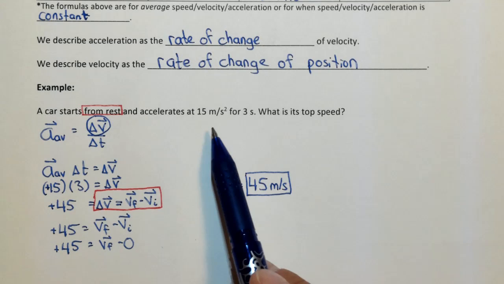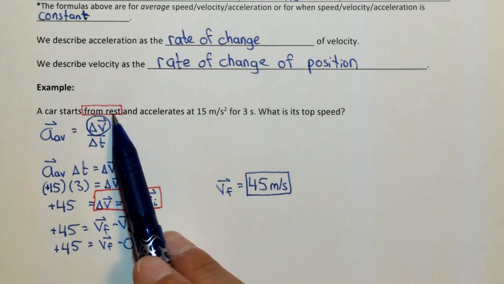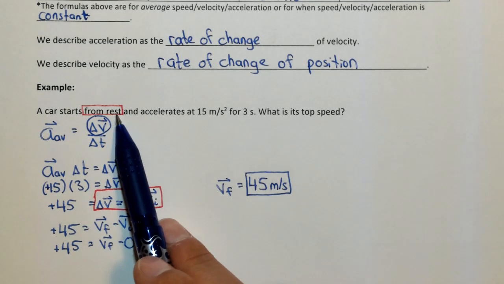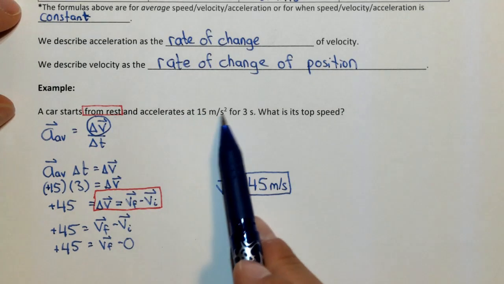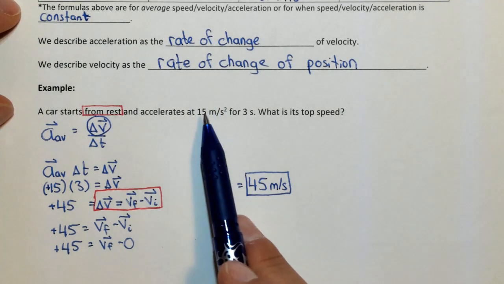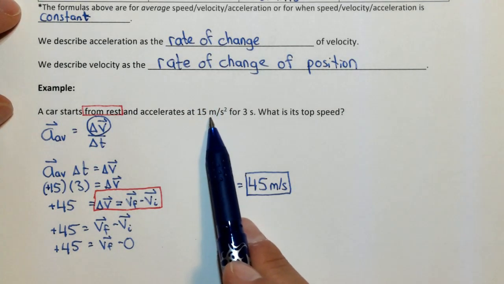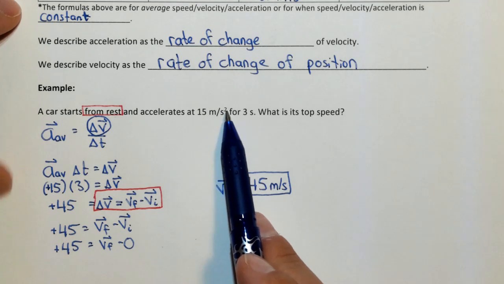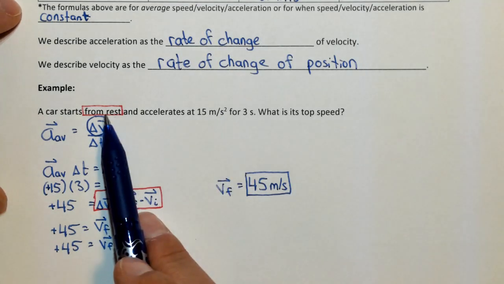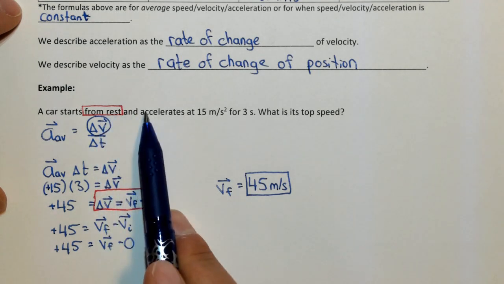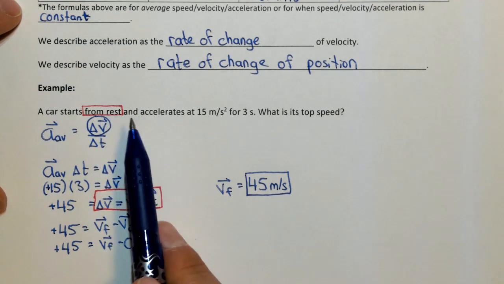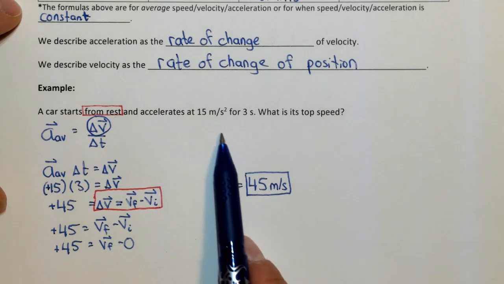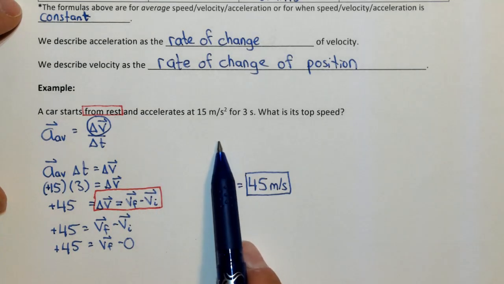So, at the beginning, my car starts at rest, its velocity is 0. And this acceleration tells me my velocity is going up by 15 meters per second every second. So after 1 second, I should be going a speed of 15. After another second, I should be going a speed of 30.